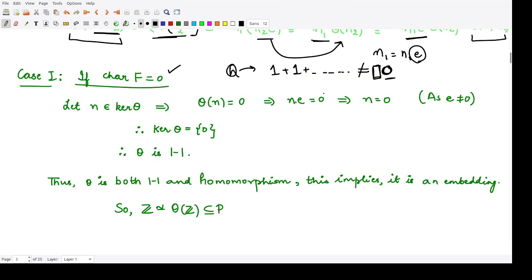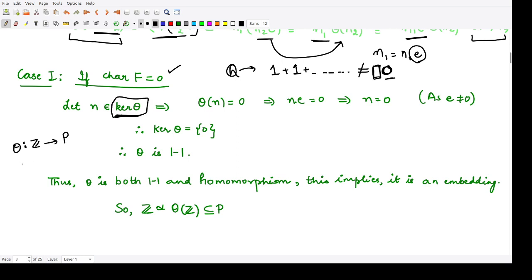Now we will see the case whenever the characteristic of F is equal to 0. For that, we take some element from the kernel of theta. What was our theta? Theta was our mapping defined from the set of integers to this prime field P. What kind of elements are present in the kernel of theta?